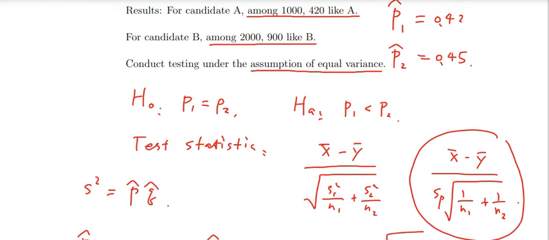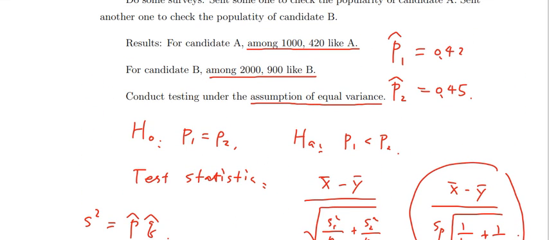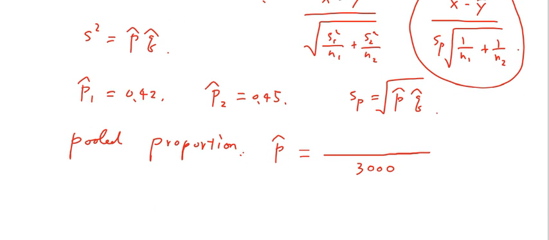Like 1,000 plus 2,000. We just check 3,000 people, A and B put together. So 420 plus 900 is, let's say, 1320.